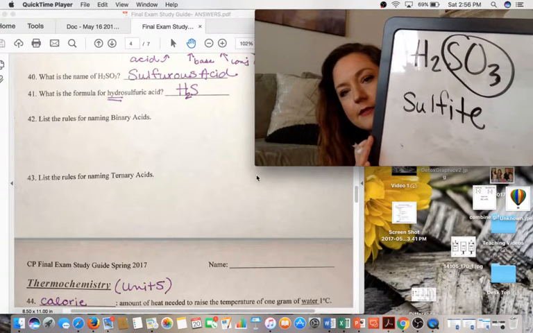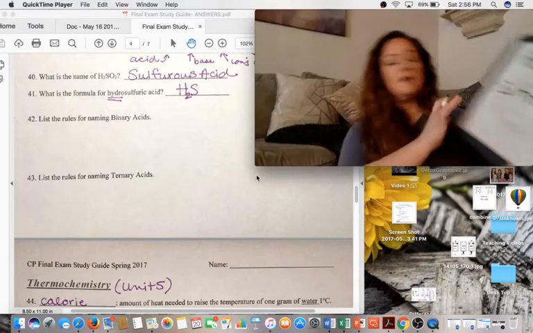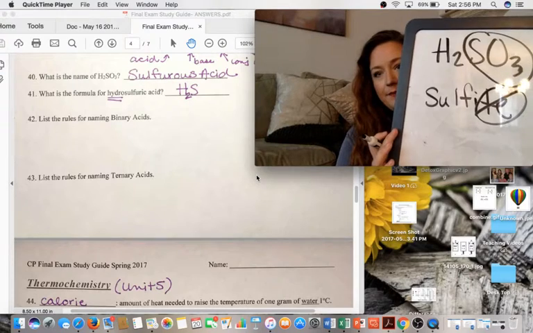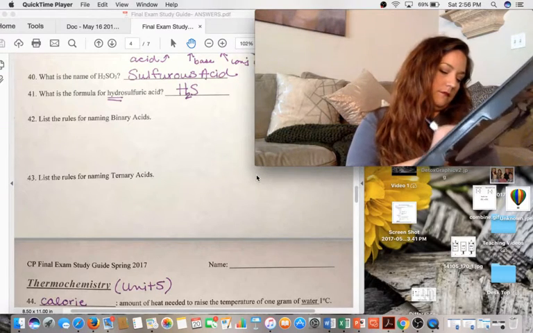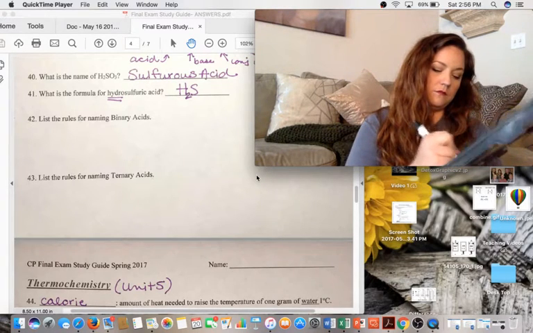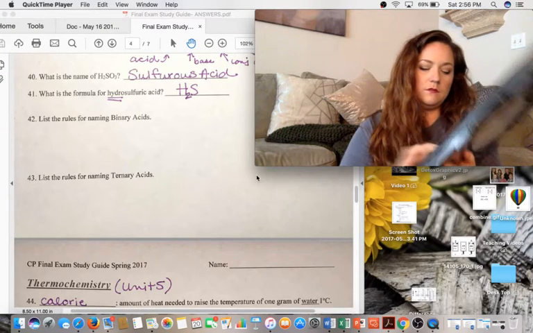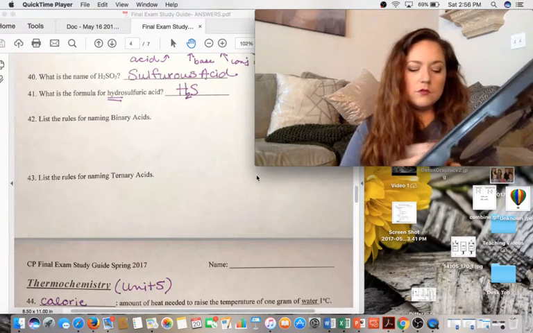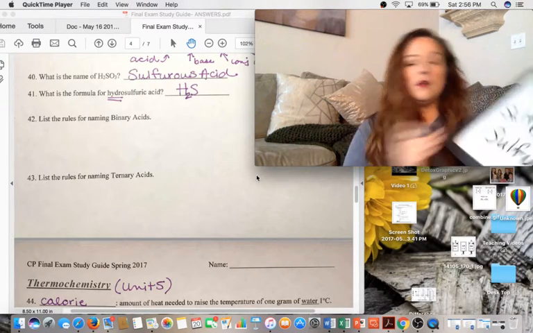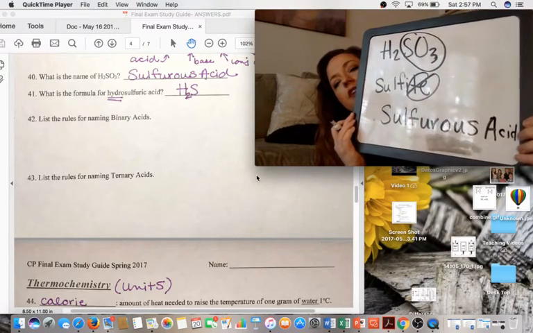And because this is related with sulfur, just like sulfur or phosphorus, I cross out the ITE. And I form sulfurous acid.